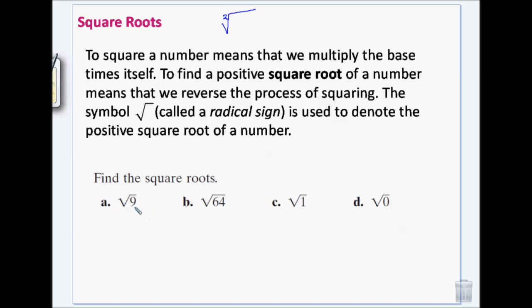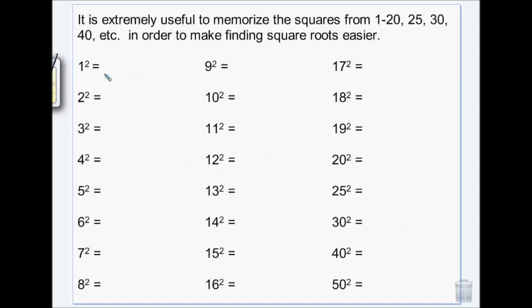So there's a couple ways that we can look at this. I'll give you a list of all the perfect squares up to 25. And then you can look at that list and go backwards, or we can do factoring. So let's skip to the list. What about when the numbers are not perfect squares? We'll go over that later.